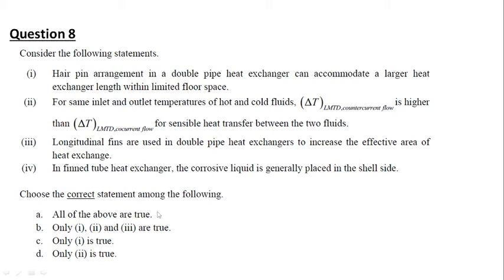Three: longitudinal fins are used in double pipe heat exchangers to increase the effective area of heat exchange. Four: in a fin tube heat exchanger, the corrosive fluid is generally placed on the shell side. Choose the correct statement among the following.